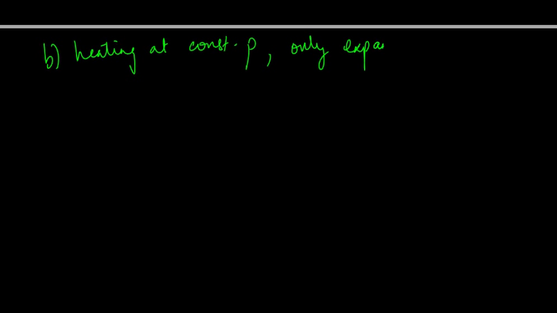Okay. So the second case would be heating at constant pressure, only expansion work again. In this case, you can calculate dQp is equal to dH.